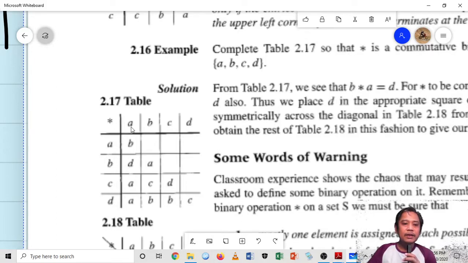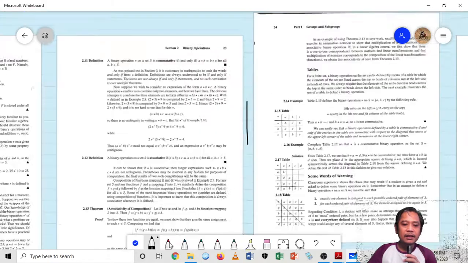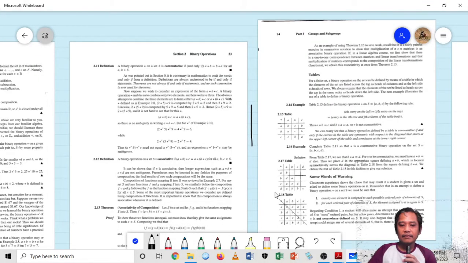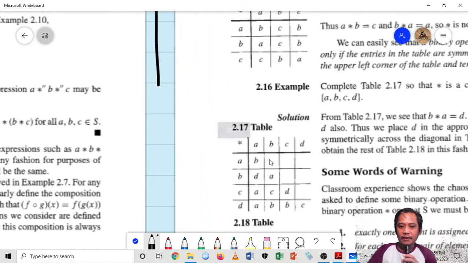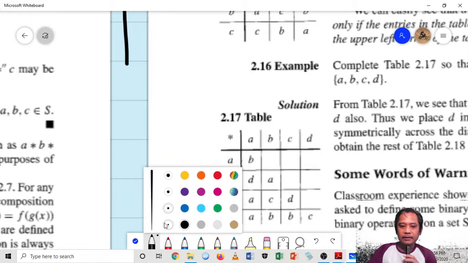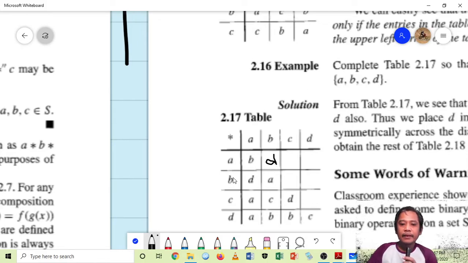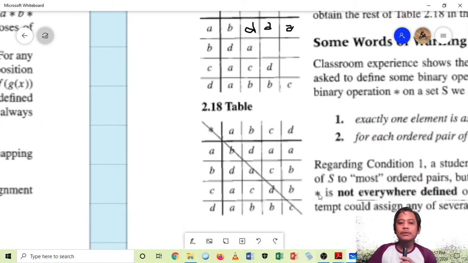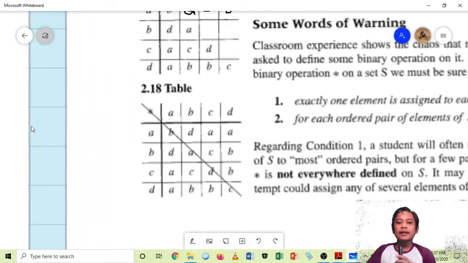Meaning, if B operation A is D, it should be that A operation B is D, so the element here should be D. Also, if C operation A is A, it should be that A operation C should also be A. And then B operation A is A, so A operation B should also be A. If we continue in that manner, we would obtain this table.